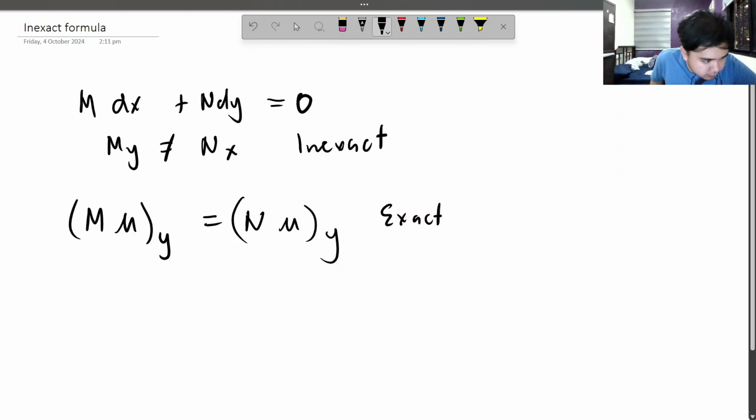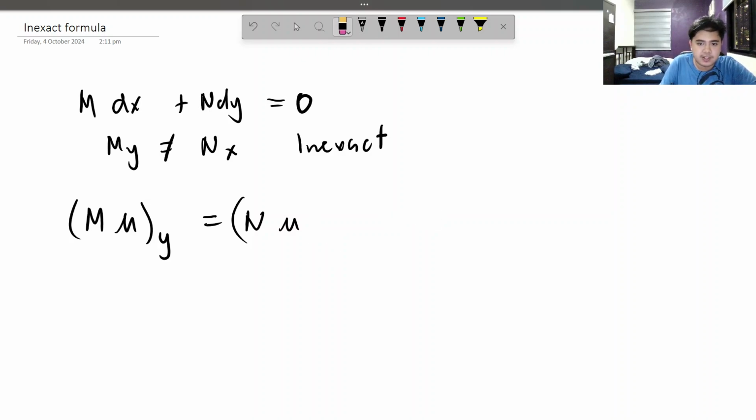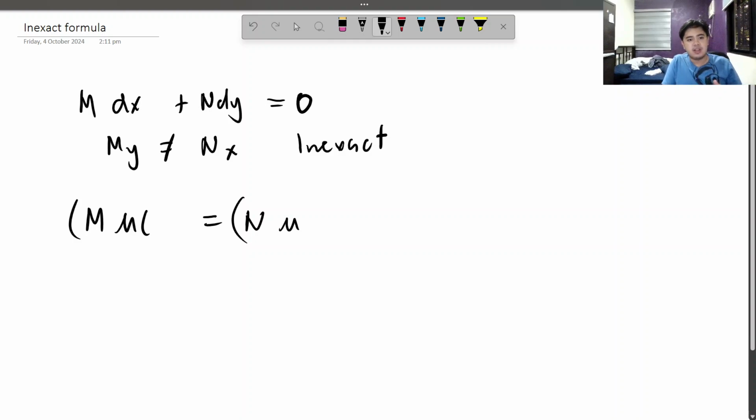So let's try solving this. First of all, let's establish that mu is a function of x. Let's just put some brackets in here so we can differentiate.